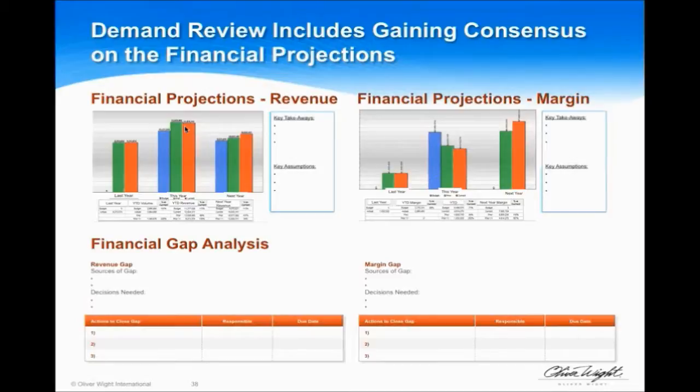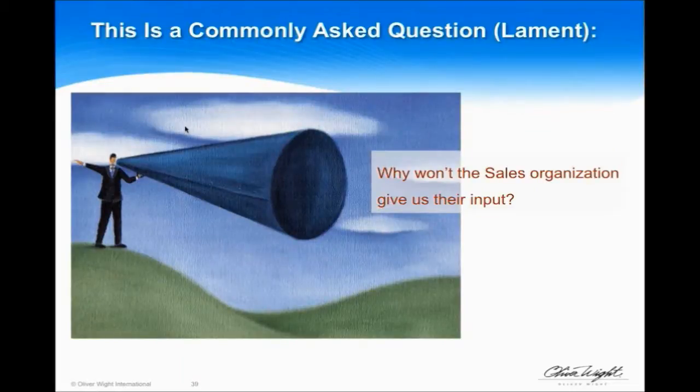So in wrapping up today, let's revisit ways to overcome the resistance of sales and marketing to provide their views of demand. One remedy is in educating sales and marketing on why their input is important, with a focus on what's in it for them when they do provide the input.